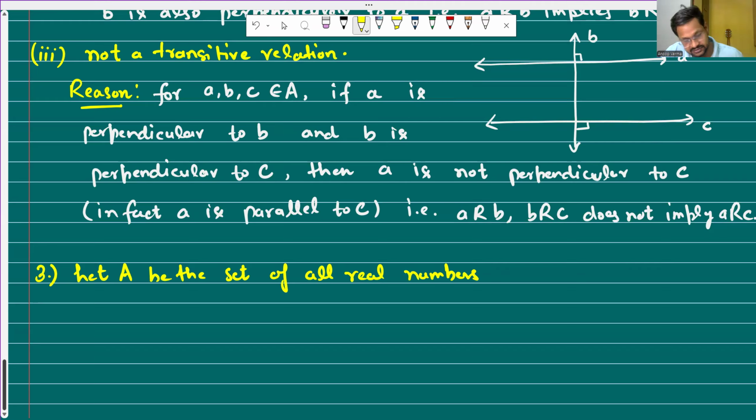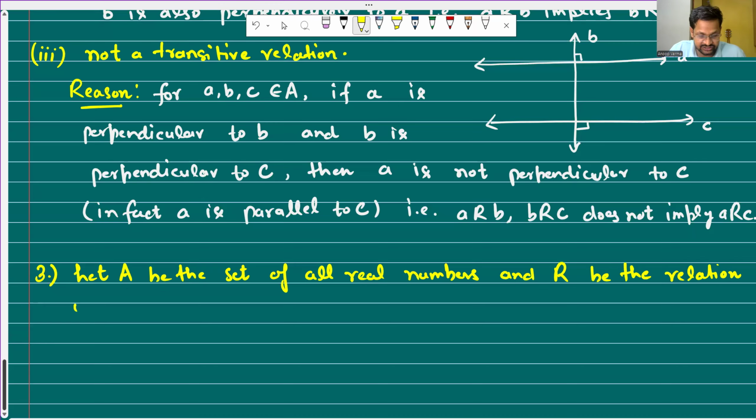All the real numbers and R be the relation less than or equal to. मतलब कोई भी नंबर किसी दूसरे से रिलेट करेगी which is less than or equal to.